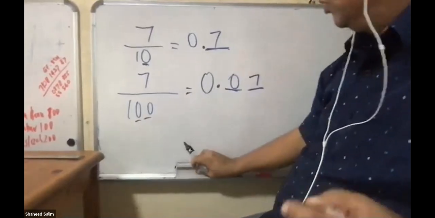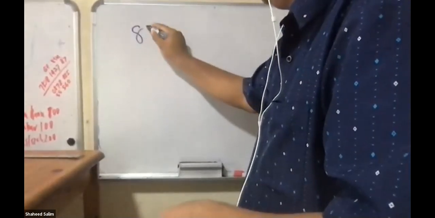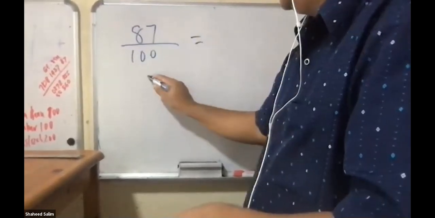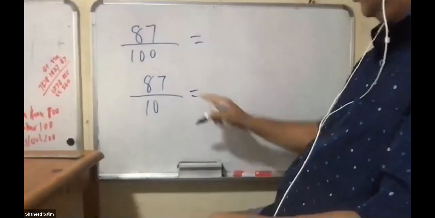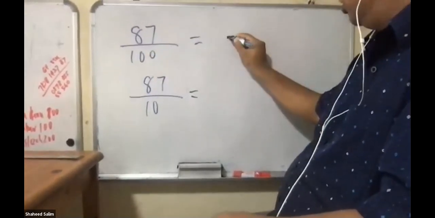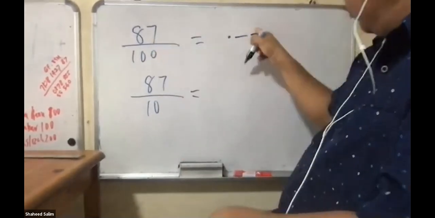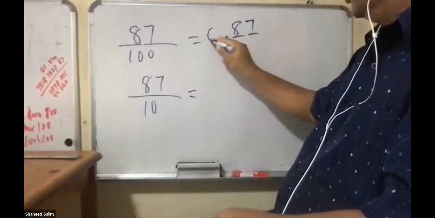Now we try another one. We're going to try until you are able to see the pattern. You must be able to see the pattern. Let's say now 87 over 100, and 87 over 10. Same thing. 2 zeros, put dot, 2 spaces. Put the 7 in the first one, 8 in the next one, 0.87.